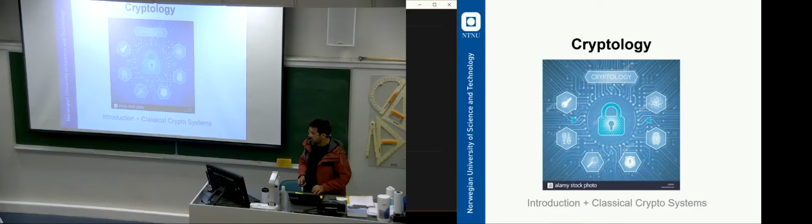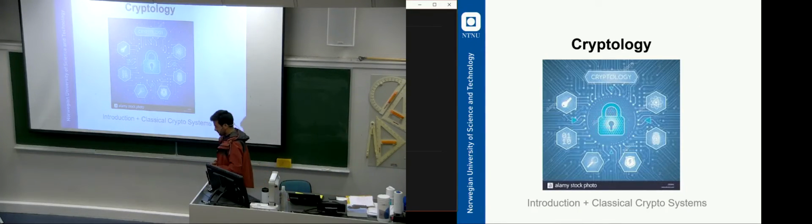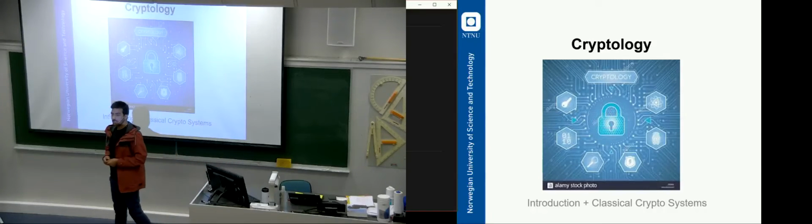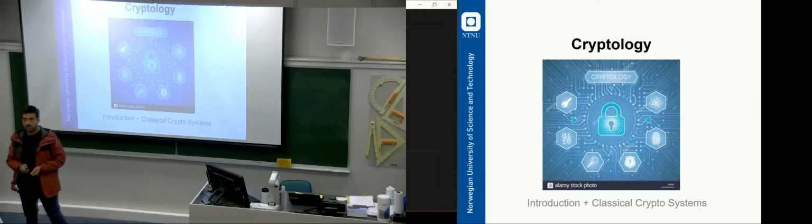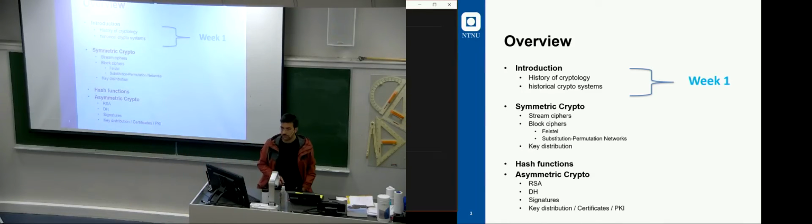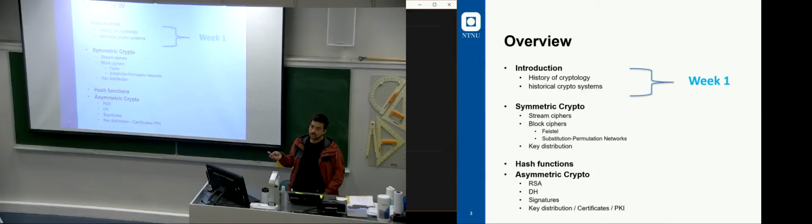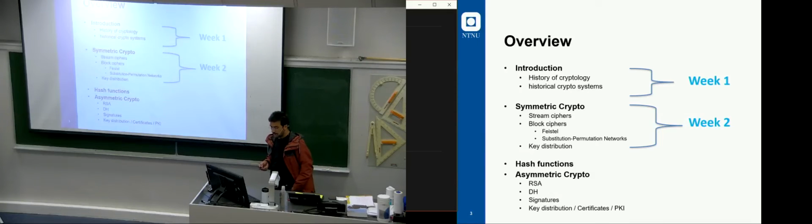Here we have the crypto systems, cryptology, which we will start from today. And this will contain actually 3 weeks from now. In the first week, that's today, we will see the history of cryptology, how this started, how people have evolved in cryptology, and where we are now. In the second week, we'll go with symmetric crypto.